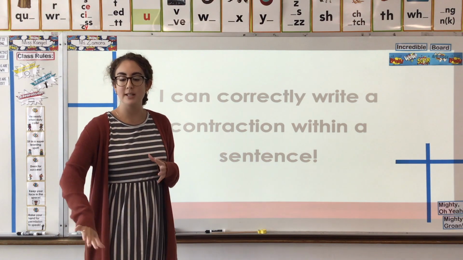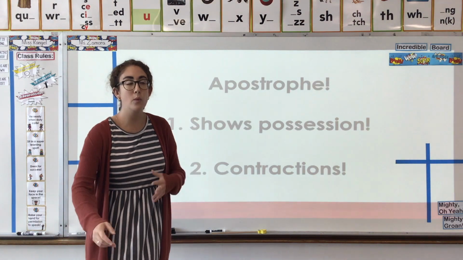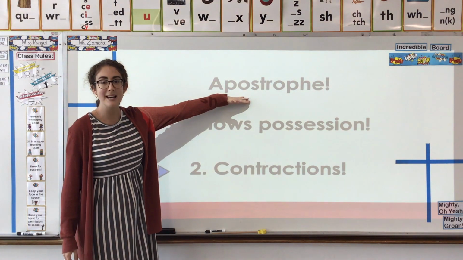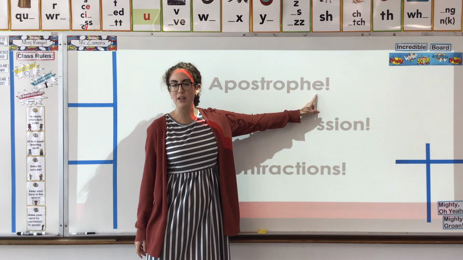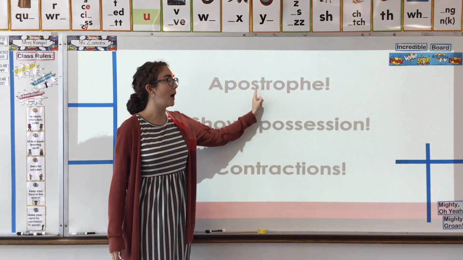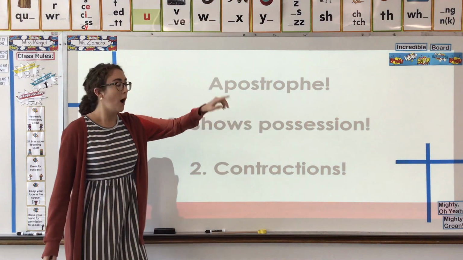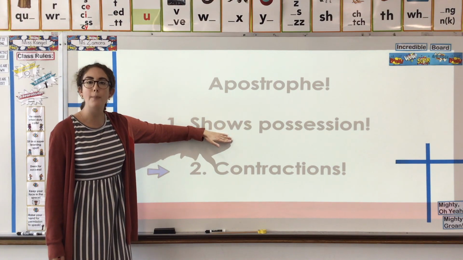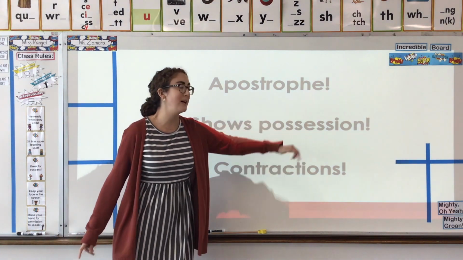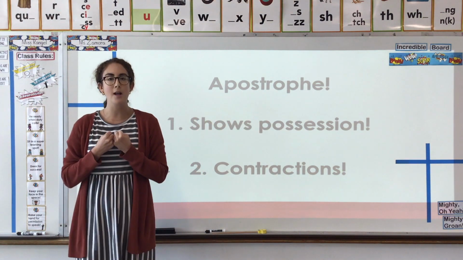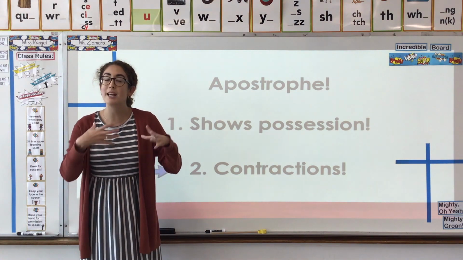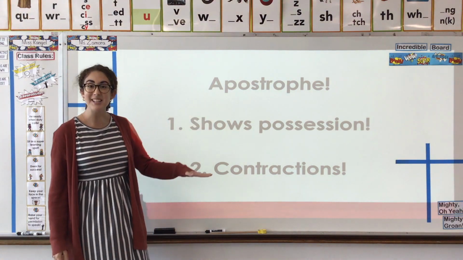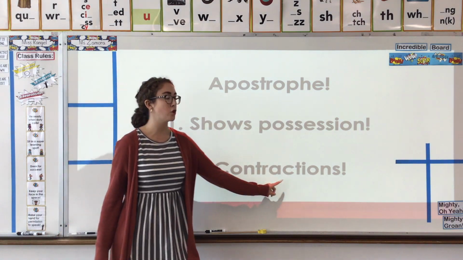So like I mentioned, a contraction has been one of the uses of an apostrophe. Remember our friend the apostrophe? On Monday, we talked about how apostrophes can show possession, talk about belonging, like Miss Wrangle's pen. But yesterday, we focused on contractions.